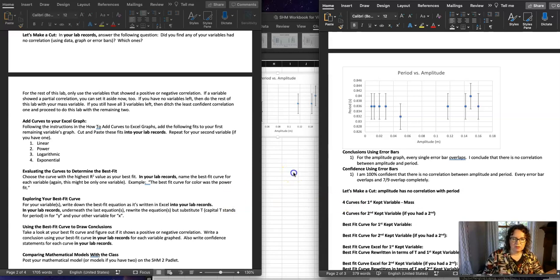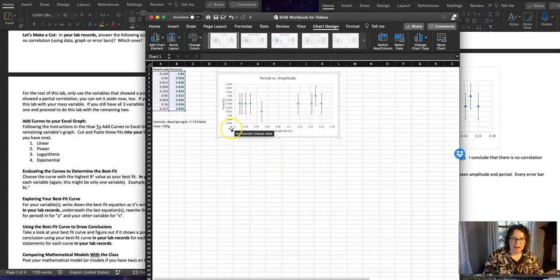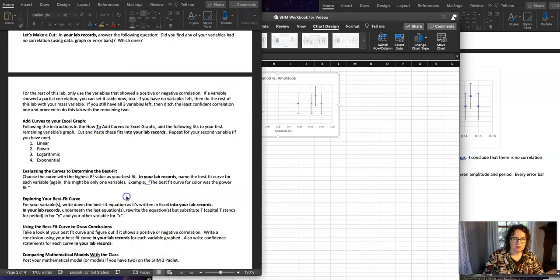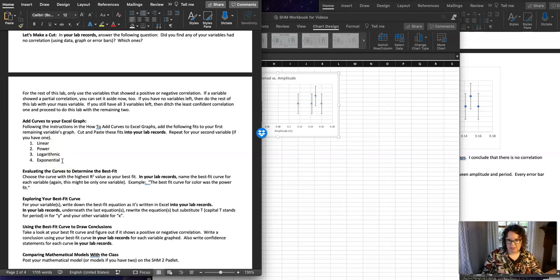What I'm going to do is go into my graph. Let's pretend I have a mass graph. I'm going to do a linear fit, a power fit, a logarithmic fit, and an exponential fit for my mass data. Then I'm going to go back and do that for my other variable, those 4 graphs.